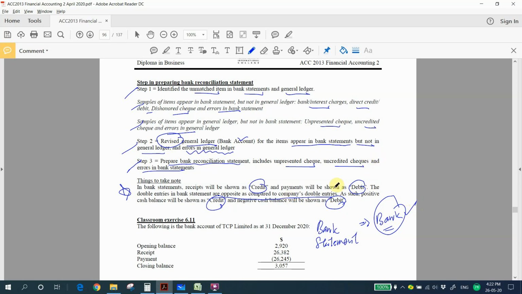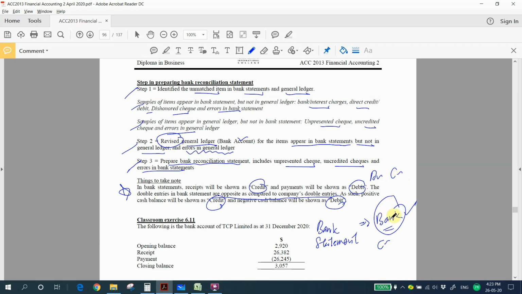If you deposit cash to the bank, you will debit your bank account. Why? Because your bank balance increases. On the other hand, if you deposit, let's say, 10,000 to the bank, the amount that the bank owes you increases, because this is your money, not the bank's money. That's why they credit. Vice versa, if you withdraw money, you credit your bank account because your bank balance decreases.